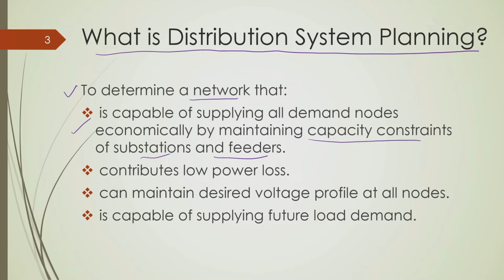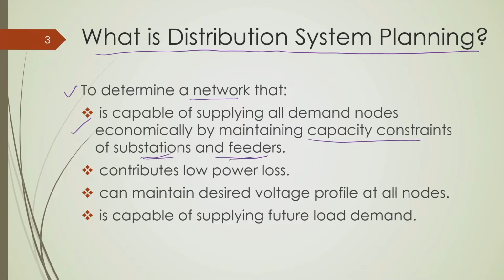Okay. So, basically it is a kind of design of a network which would be able to supply all the demand nodes under its service area, and this design would be economical, and the network will work reliably, supplying all the demand nodes under the constraints of the substation and feeder capacities.